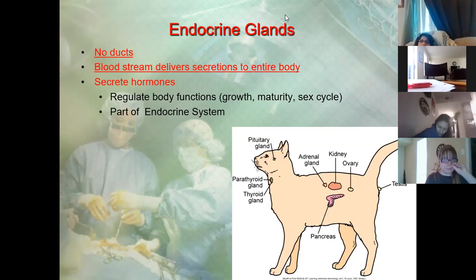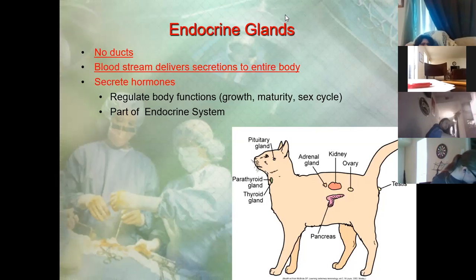I have my gland, I have my bloodstream coming directly to the gland. I do not need to funnel anything through a pipe in order to get it out of the gland. The pipe is known as a duct. In fact, it's called a duct in your own house, ductwork. Endocrine glands do not have this pipe. They don't have this little entrance hallway. They don't need it because the blood comes directly into the gland, picks up what it needs, and then leaves.